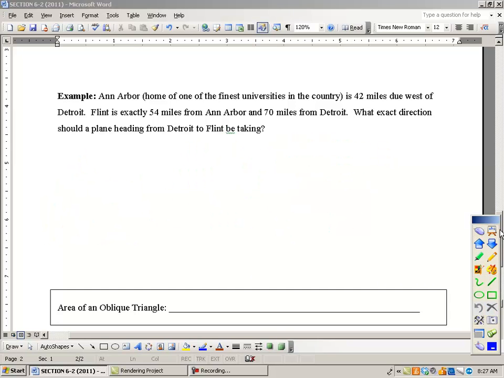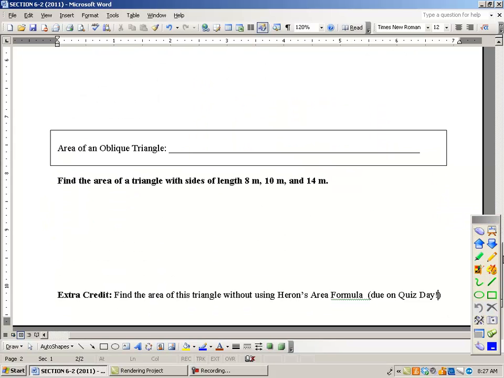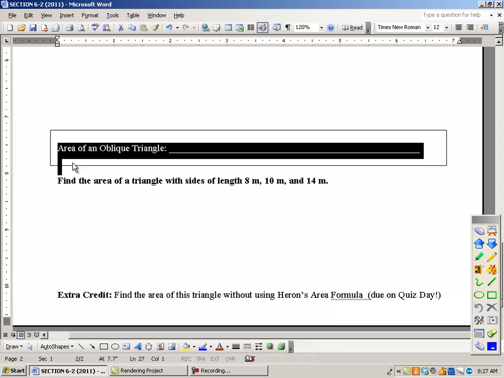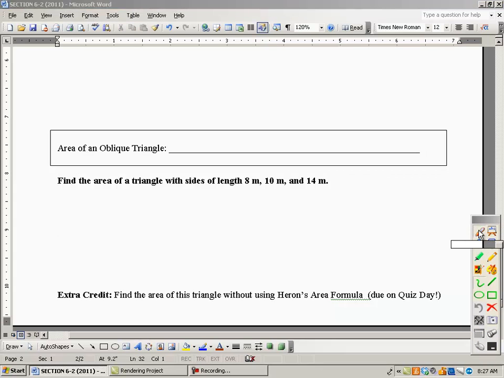Last idea is the other area formula, and you'll notice in that last example, we gave you all three sides. When you're doing the area of a triangle given all three sides, we call this Heron's area formula. That's probably what you recognize from Algebra 2.